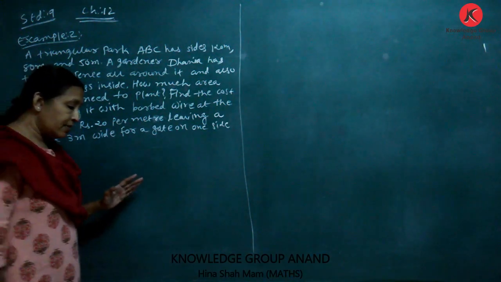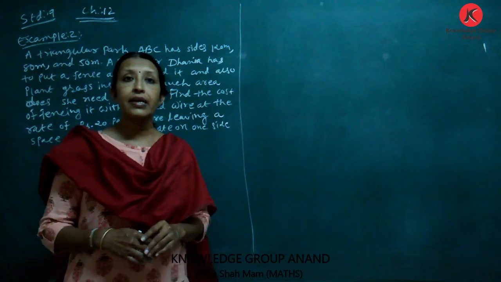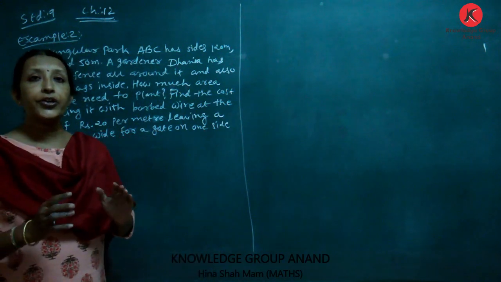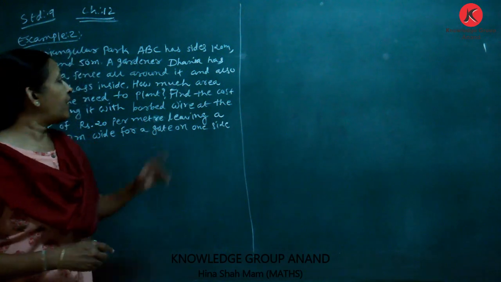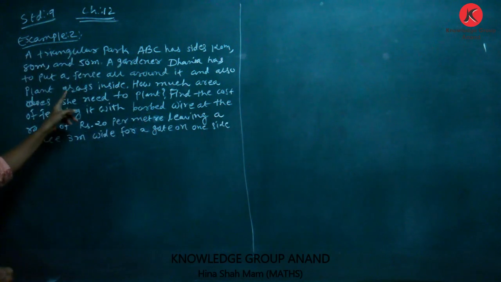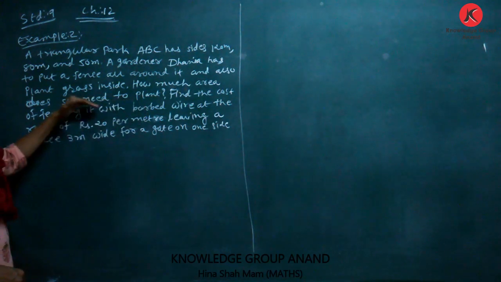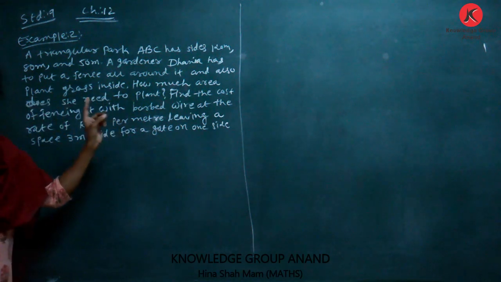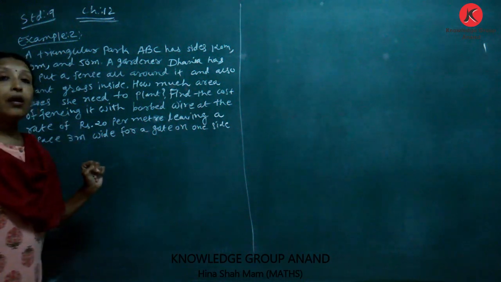In the question, there is a triangular park given with 3 sides. The gardener wants to plant grass inside it. Then we find the area of this space, and also the cost of fencing.